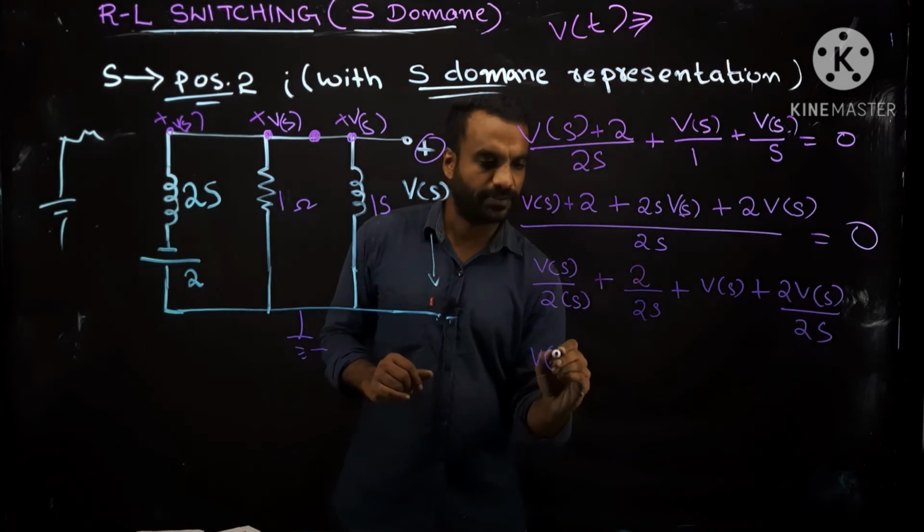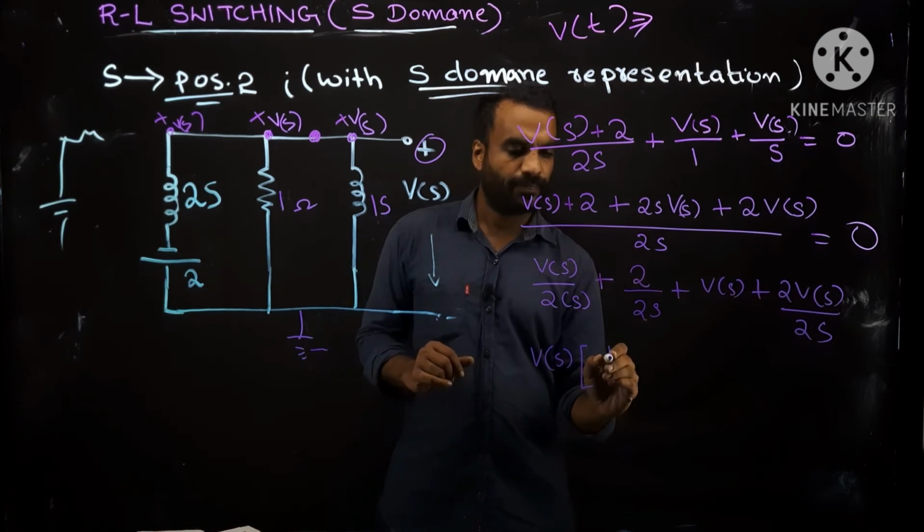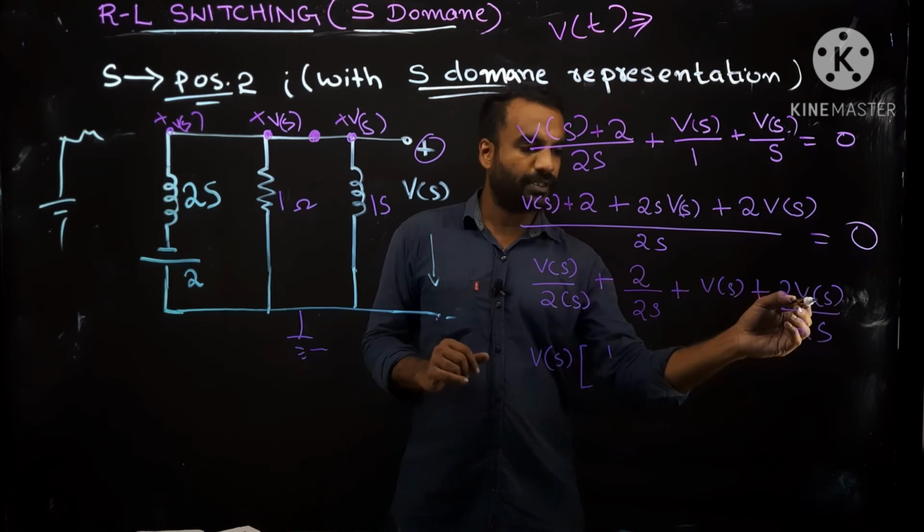So if V of S is taken common, it is V of S plus 2 V of S, 3 V of S by 2S.